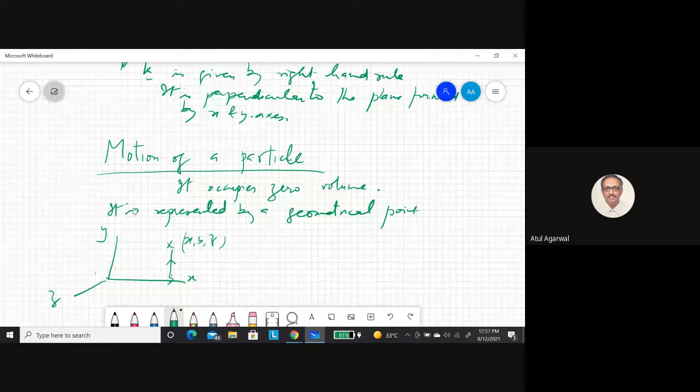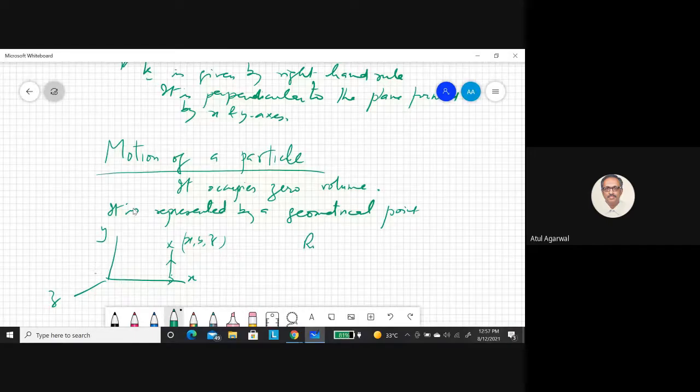Now if you have a rigid body, how can you analyze its motion? One thing you can do is identify its center of mass. You can put your coordinate system at the center of mass. Now you will see, as this body rotates, the coordinate system also rotates.